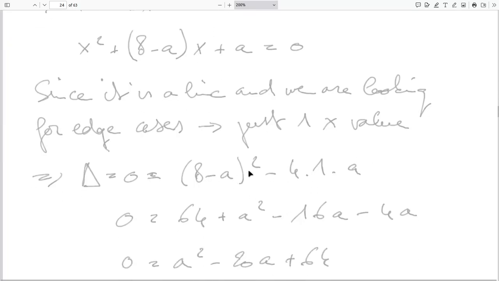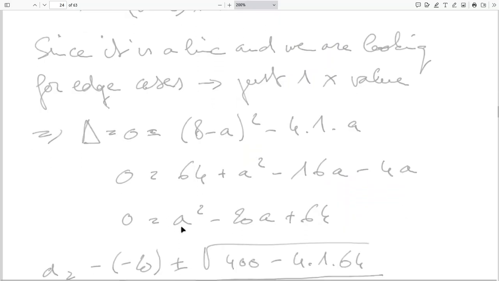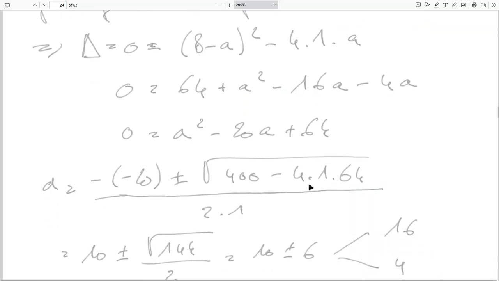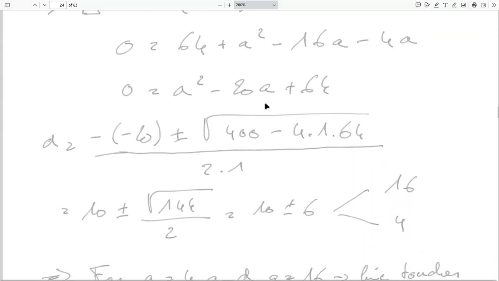If we work this out, you get 64 plus a squared minus 16a minus 4a, or a squared minus 20a plus 64. That gives us another quadratic equation. So we'll use the quadratic formula, which gives us, if you do this correctly, 10 plus or minus 6, or 16 and 4.